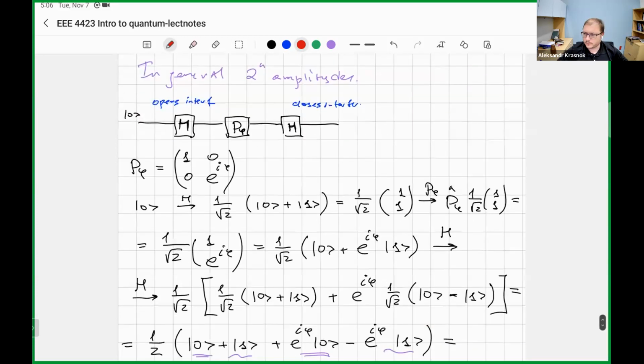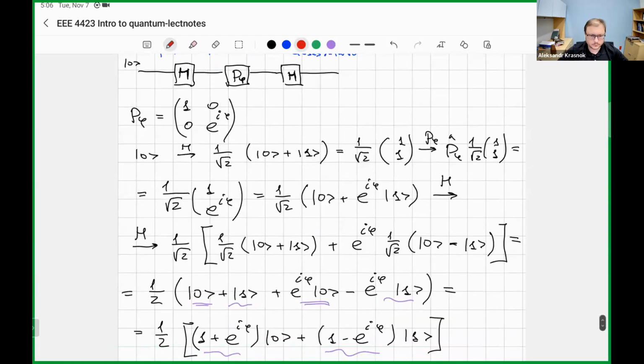The purpose of the first Hadamard gate is to open the interference. Then the phase qubit changes the phase in a controlled way, and the last Hadamard gate closes the interference, so we can see the effect of the phase qubit.